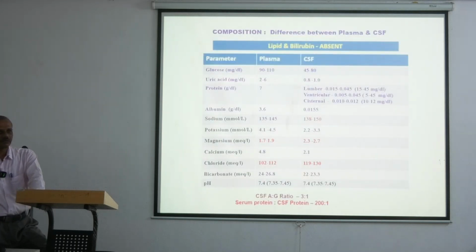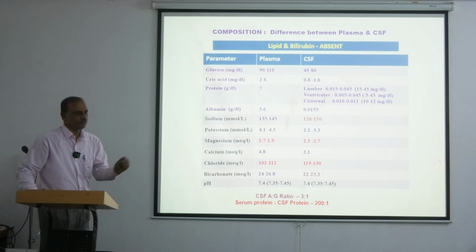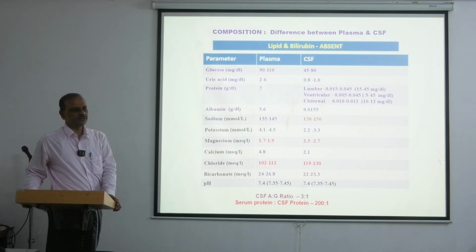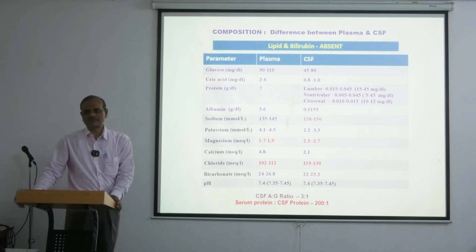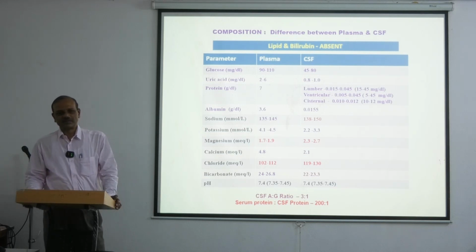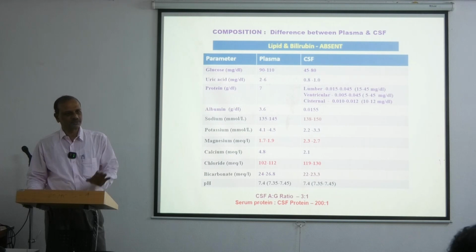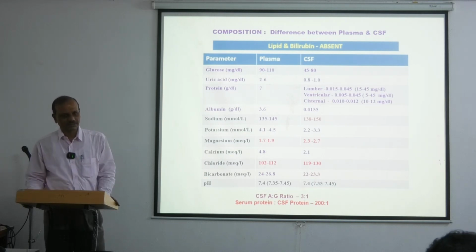Now coming actually to the biochemistry part. Now you note down here, what is the difference between plasma and CSF? CSF is an ultrafiltrate. An ultrafiltrate basically is a filtration through a semi-permeable membrane by which the colloidal materials are prevented from going out of the circulation. Only the solvent and the small solutes are allowed to pass.